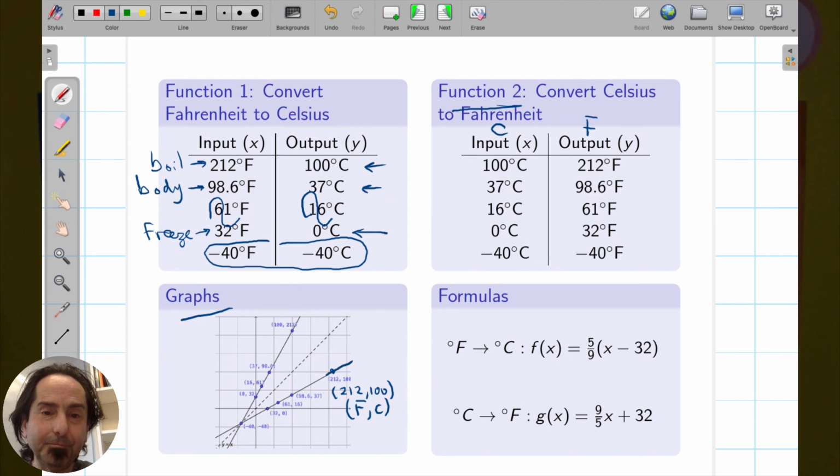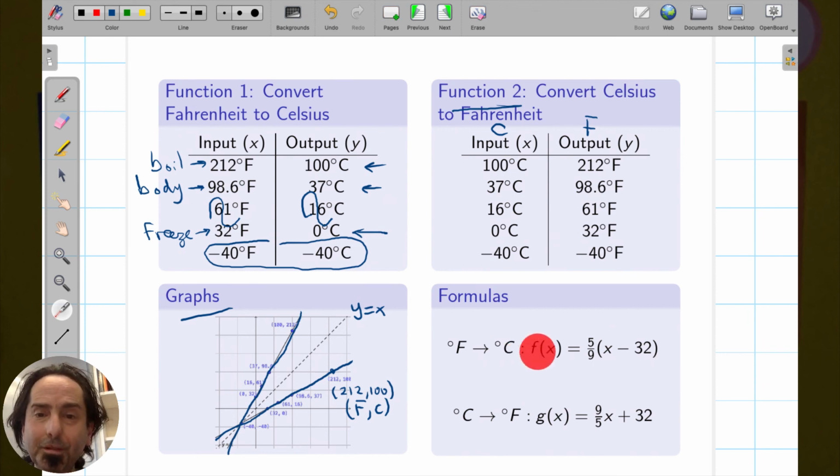This line is function 1, and the other line is function 2. And notice that there's a symmetry around the line y equals x. X is the input, y is the output. And if you go up to these tables, you can see that the input of one function is the output of the other function, and the same with the output and input. We just switched the input and output.